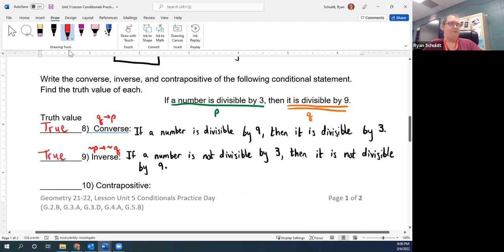And then we have the last one, contrapositive. That's if not Q, then not P. So I flip and negate.